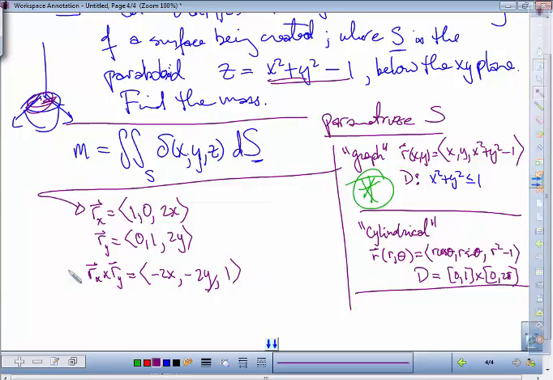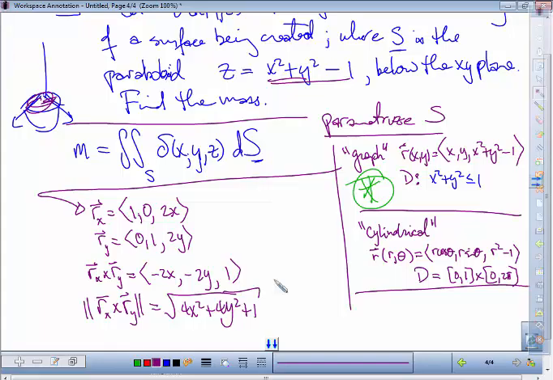But it doesn't matter which way we cross it because we're going to take the magnitude anyways. So the magnitude is going to be the square root of, I guess we have to square this, 4x squared plus 4y squared plus 1. So this is going to be your surface area component that's going to go into your integral.